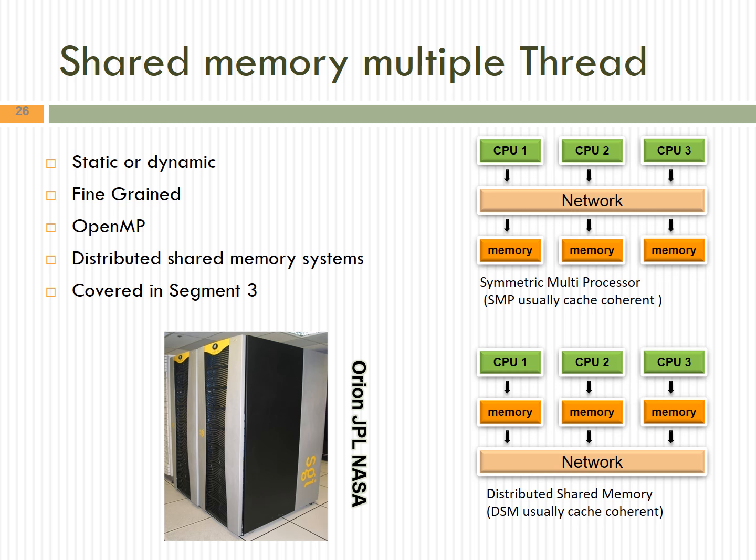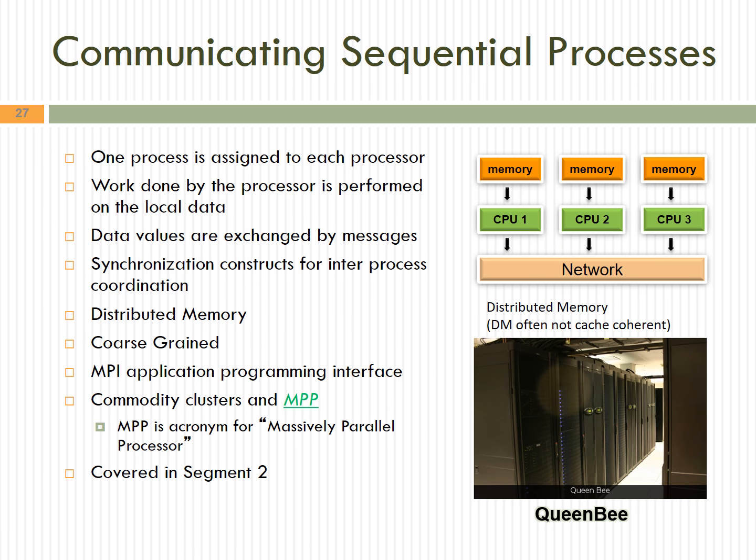The picture above is the symmetric multiprocessor, SMP, usually cache coherent, and the one below is distributed shared memory, DSM, usually cache coherent. The communicating sequential processors: one process is assigned to each processor. Work done by the processor is performed on local data.